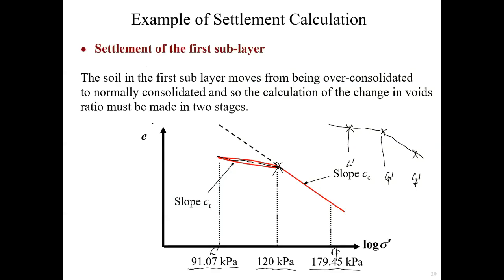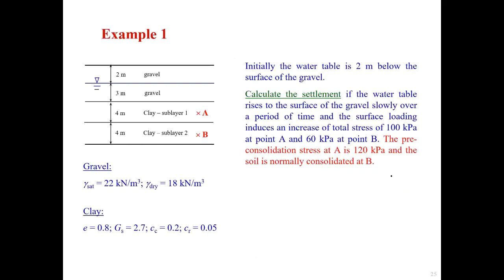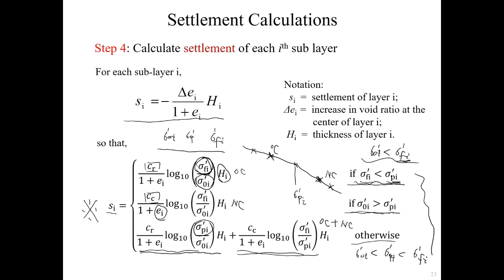So for all these types of questions, don't panic. You just work out the sigma O prime, sigma P prime and sigma F prime, and always plot those two line segments and find their relative position. If sigma O prime and sigma F prime are both less than sigma P prime, use this OC formula.